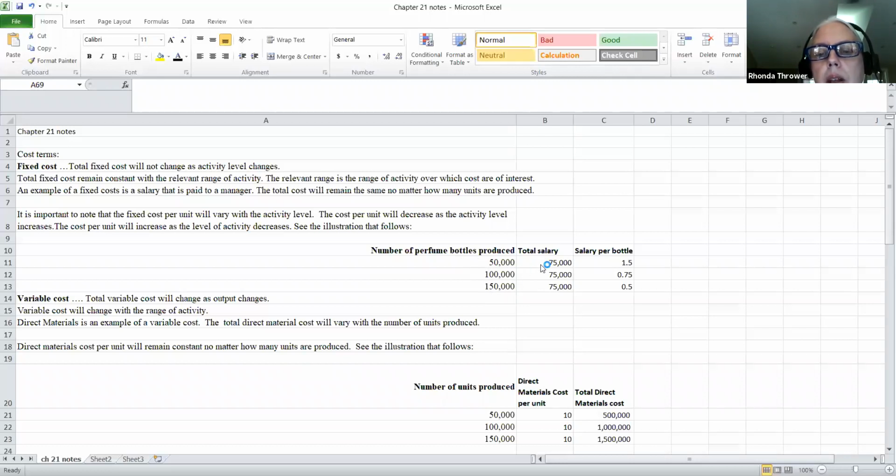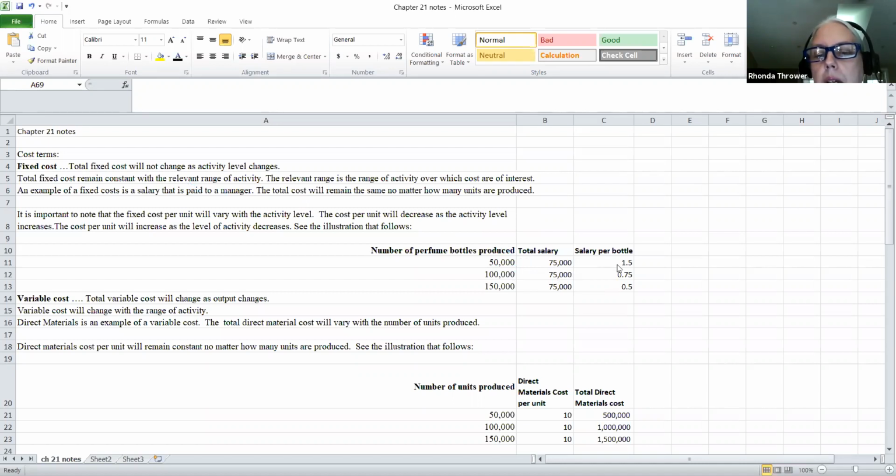But the salary that we would pay to that manager, notice it stays the same. So this total salary amount of 75,000 would be your fixed cost that will not change no matter how many units are produced. But the fixed cost per unit, which is labeled here as salary per bottle, will change.